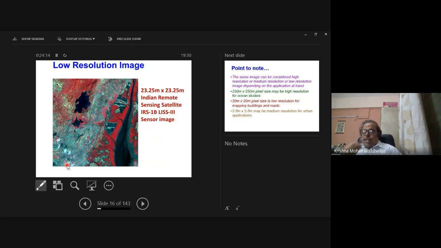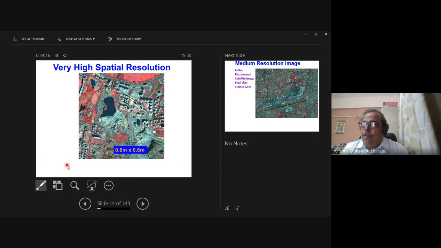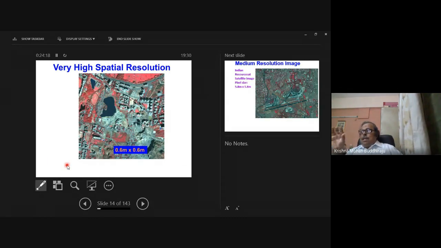Okay, so what you can see, if we go back, these images, this is spatial resolution, right? These numbers relate to the spatial resolution. So you can look at the geometry of the buildings.